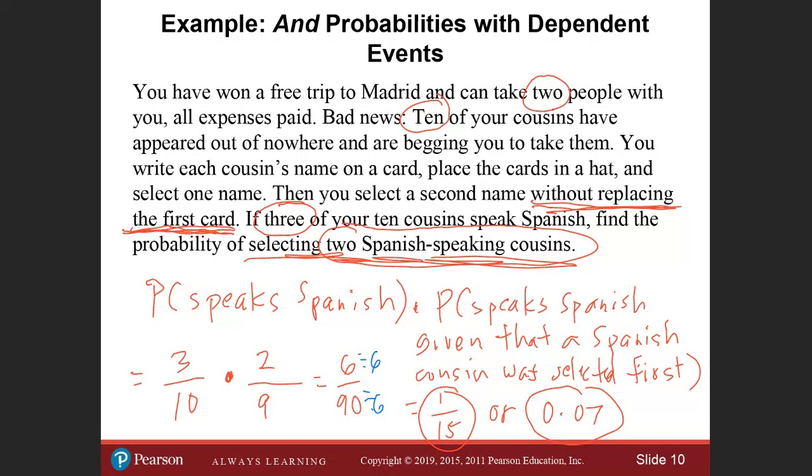And that's how we address this problem. And remember, this is the opposite of what we did in the first. We have the dependent events. So if these are independent events, you're not subtracting 1 from the first choice. Okay, so that's the difference.